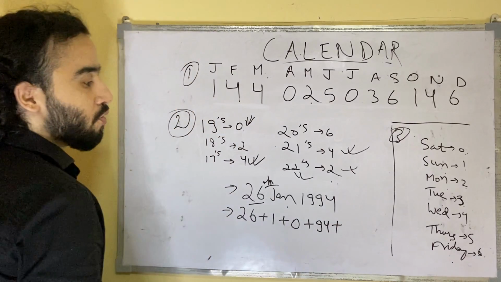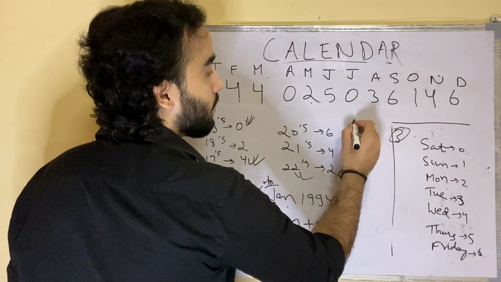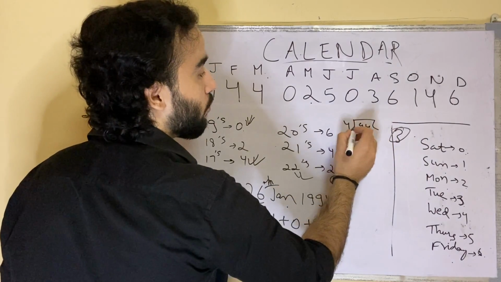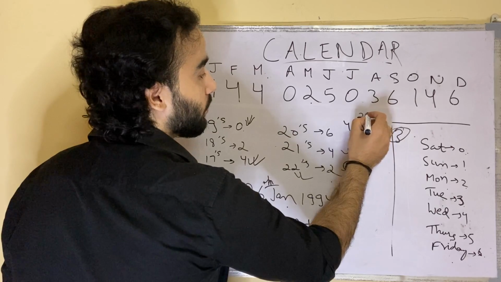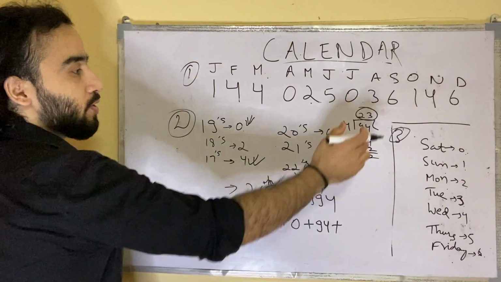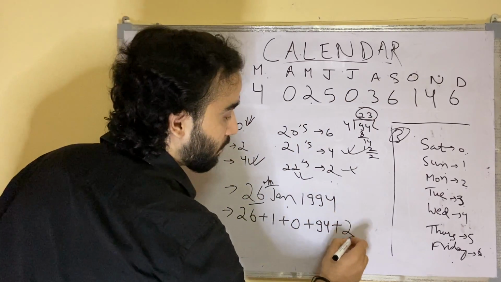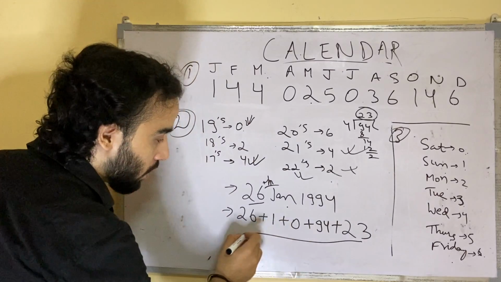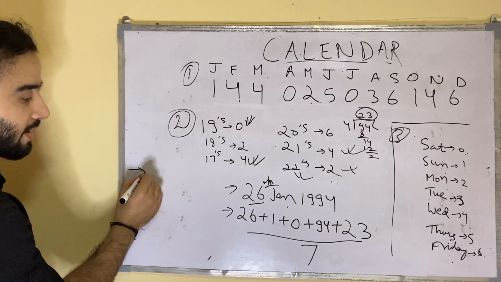Now divide this 94, these two digits, by 4. 94 divided by 4: 4 2s are 8, 1 4, 4 3s are 12. I got 23. I will put it here and divide this whole number by 7. Now I will write it here.